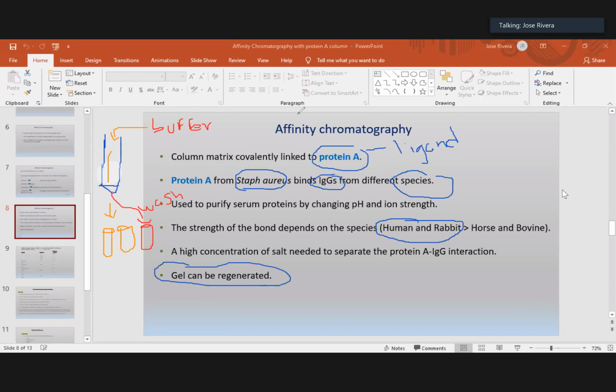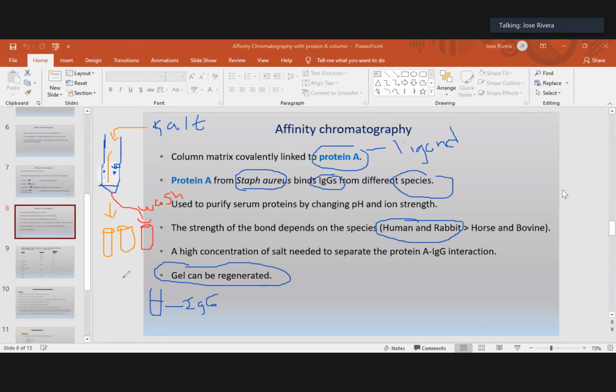In here, your protein is already stuck to the column in these steps. And then after the buffer, you add something to break the bond, like a salt or a change in pH. Let's say we add salt, and then you get another test tube that's going to have your IgG.